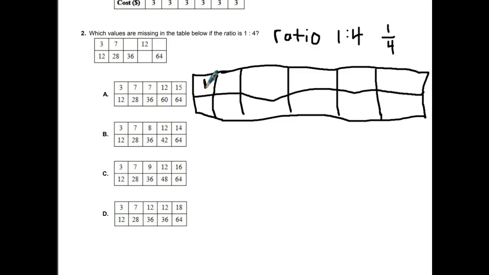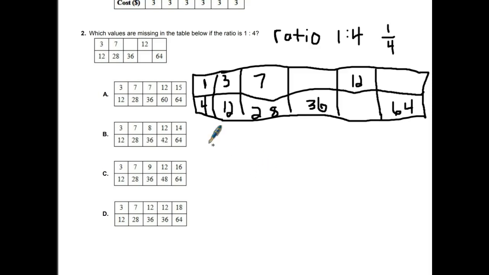And I said this would be 1 to 4. And then I have a 3, a 7, blank, a 12, and a blank. And I have a 12 and a 28 and a 36. Don't have anything here. And a 64.